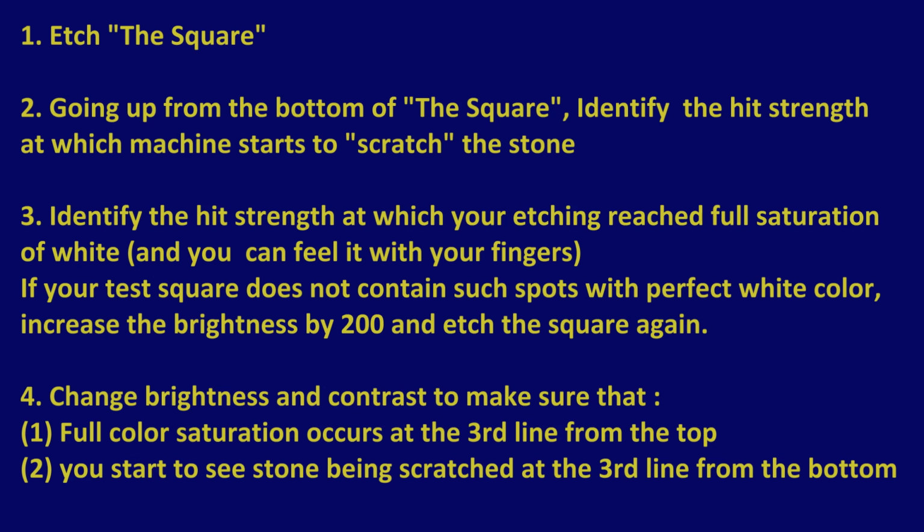Basically, it should be as white as it gets, but it should not go into stone too deeply, because we're really not looking to grind the stone down. We just need to break the polish to make sure that it's as white as it gets, where you can feel it with your finger.